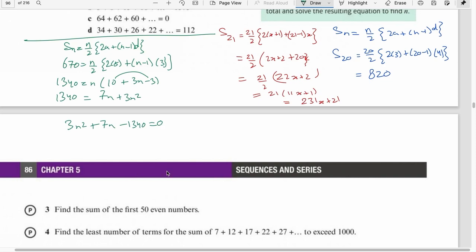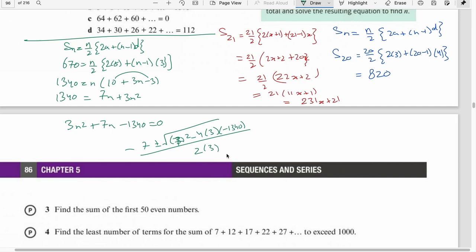And now we can use the quadratic formula: minus b plus minus square root of b square minus 4ac over 2a, where b is 7 and c is minus 1340.